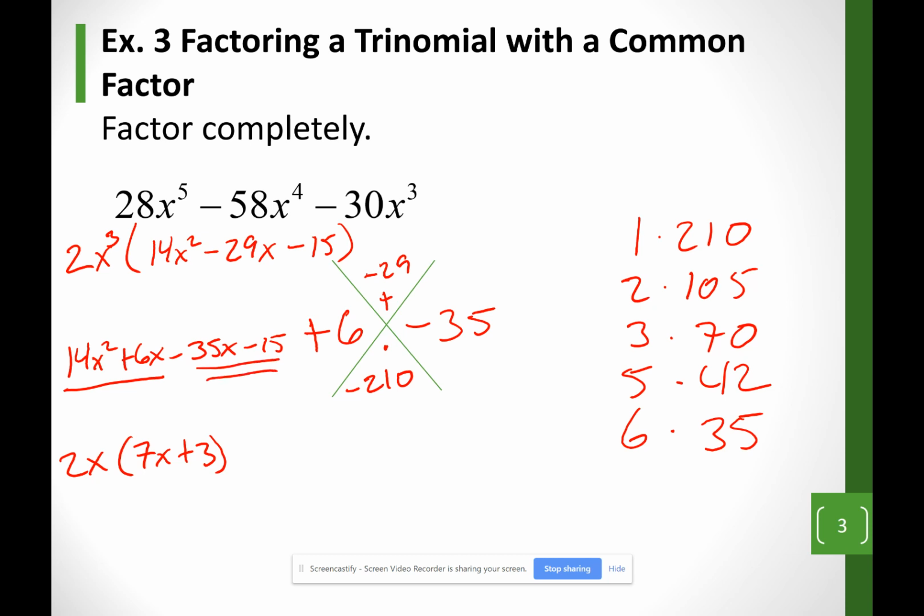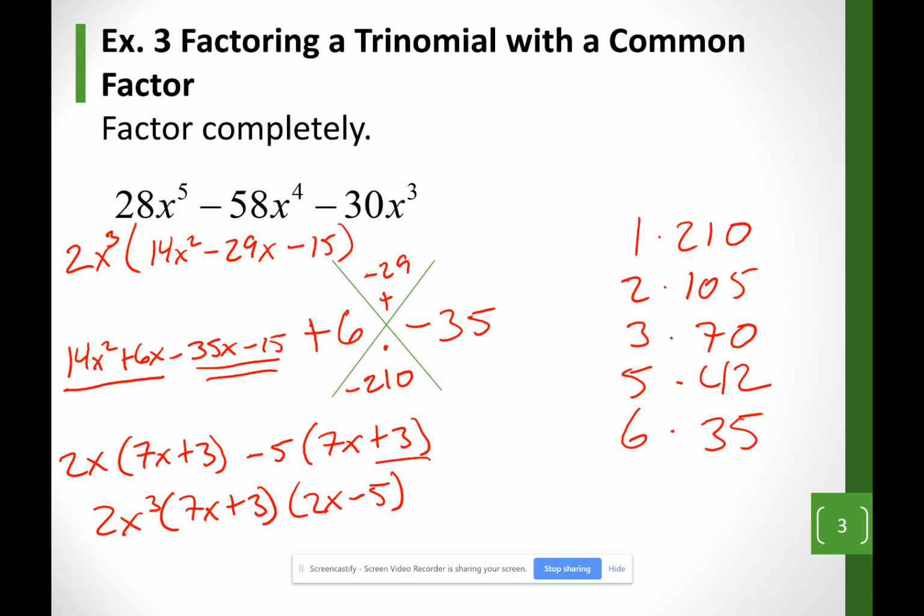Looking at my last two terms, I can divide them both by a negative 5. And I'm going to have 7x plus 3. So my parentheses only, I'm going to have 7x plus 3 and 2x minus 5. But on my answer, make sure you include the greatest common factor that we took out at the beginning.